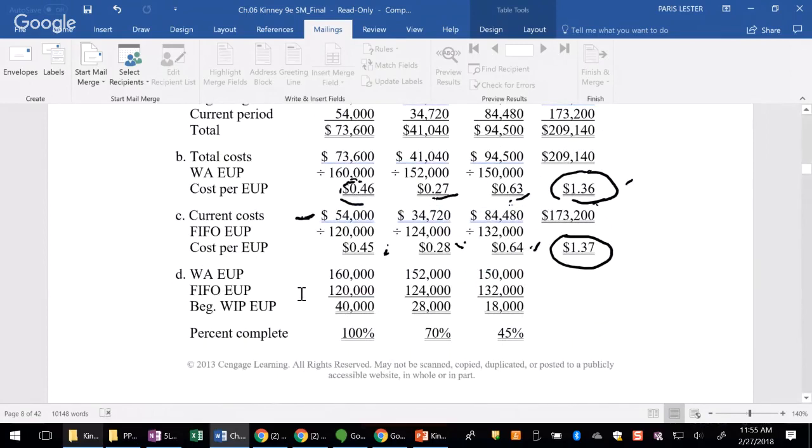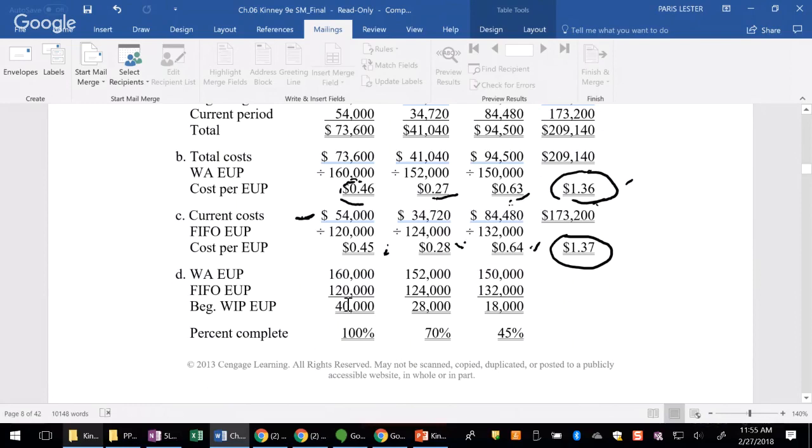All right, what is D part on this one, number 26, asking for? How many units were in beginning inventory and what percentage of completion was each cost component? I'm not worried about that.